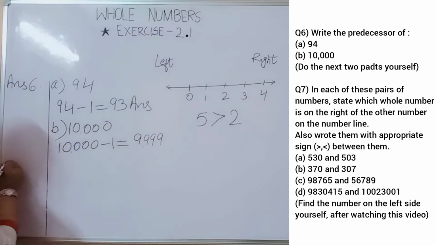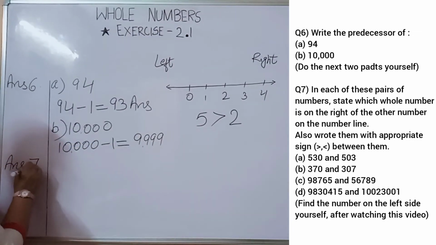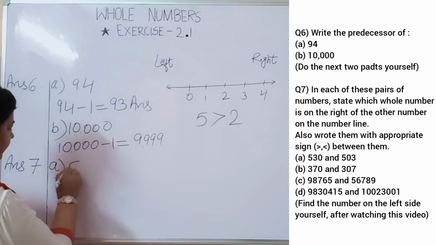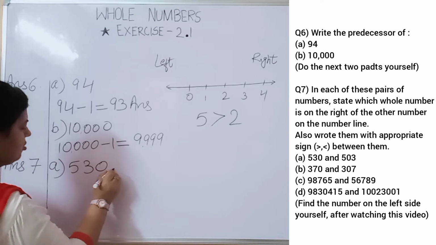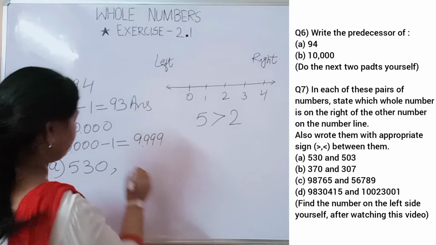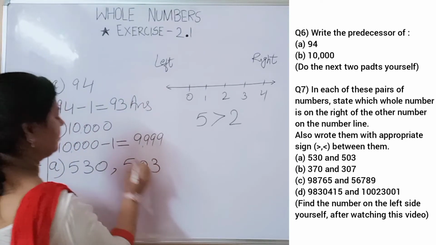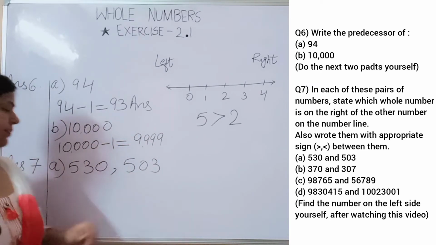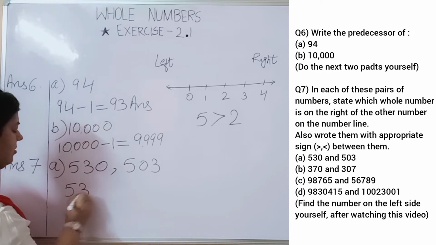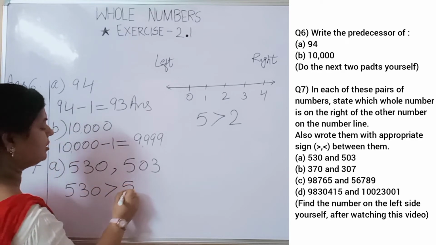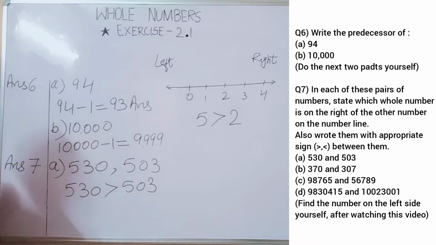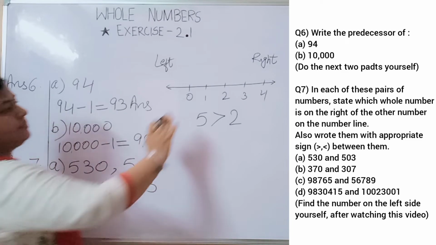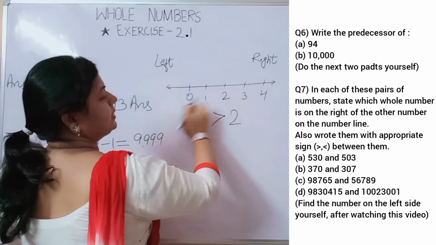The answer to number 7: 530, 503. We all know that 530 is greater than 503. Already learned in junior classes, and I have already discussed that the bigger number goes to the right side of the number line.